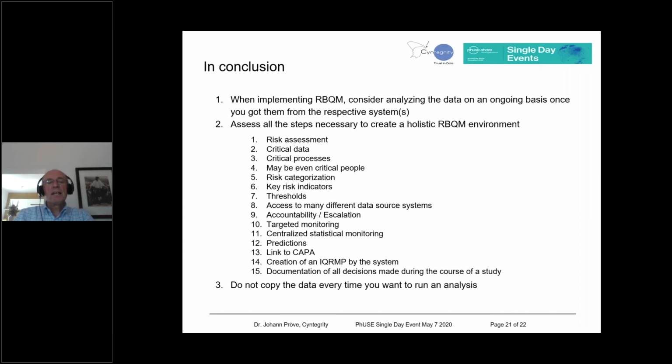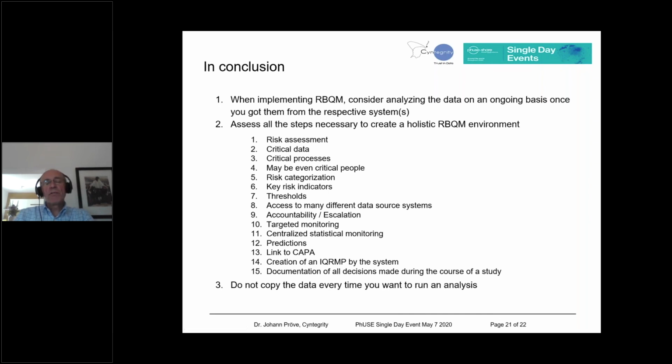Preferably everything that I listed here under bullet point number 1 to 15 should be covered by one system. And this is probably not even a comprehensive list. I'm pretty sure colleagues have more ideas on what else could be added.